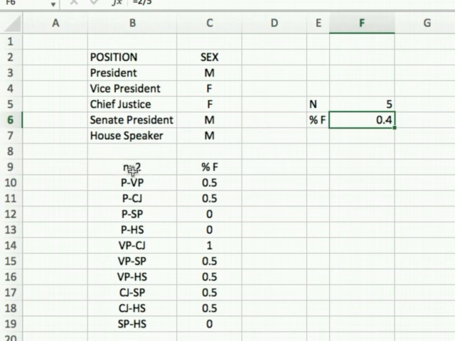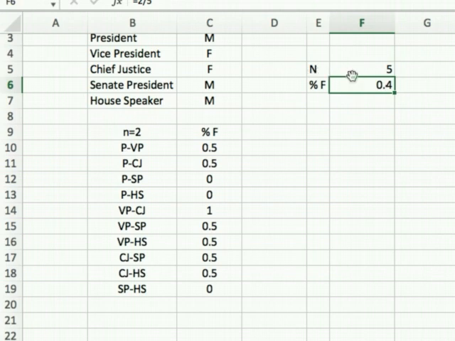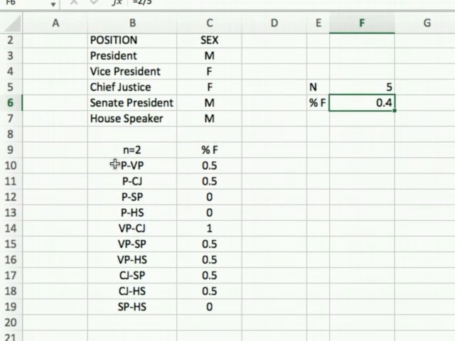So here again, we are getting 2 out of 5, and here are all the possible combinations of 2 out of 5. So it's possible to get president and vice president out of the 5, or the president and the chief justice out of the 5, and so on. And for each combination, we can compute for the sample proportion of those who are females.